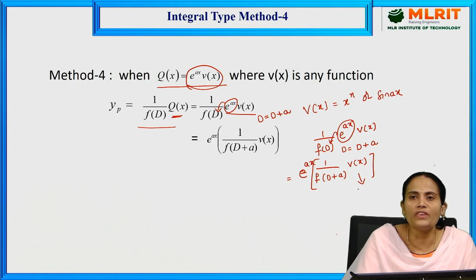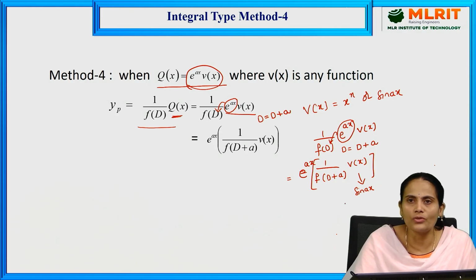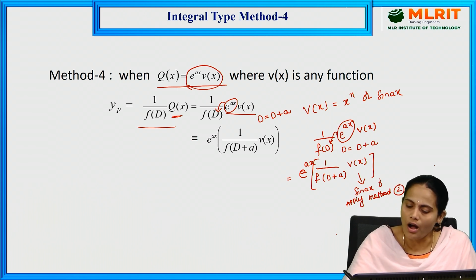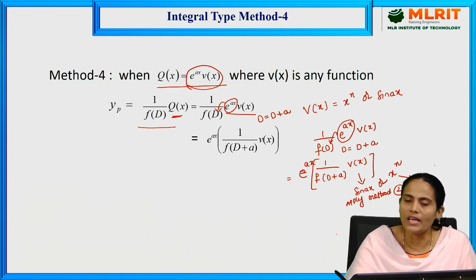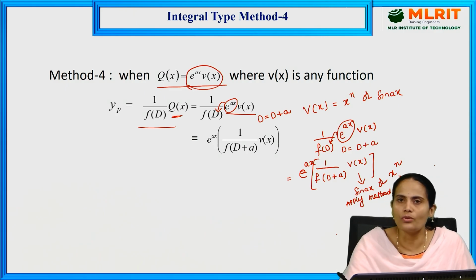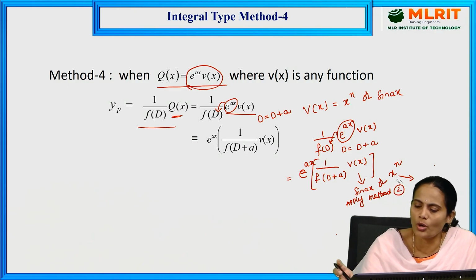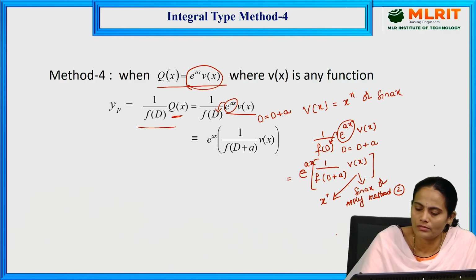Suppose V of x is sin ax, then you have to apply method 2. Or if it is a polynomial, x to the power n, then you have to apply method 3.